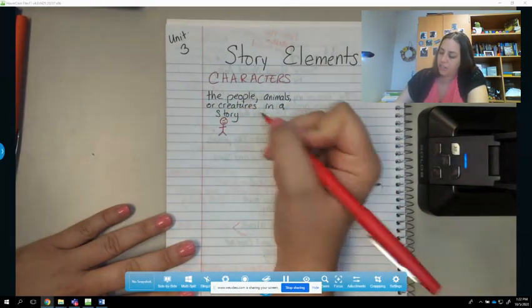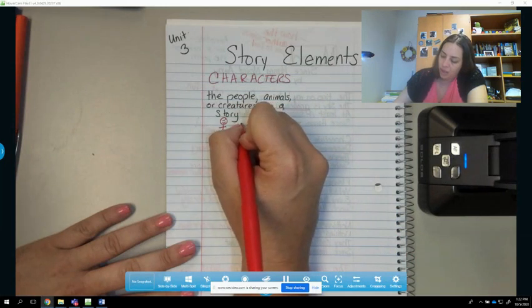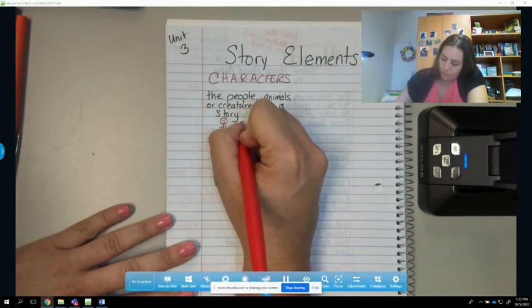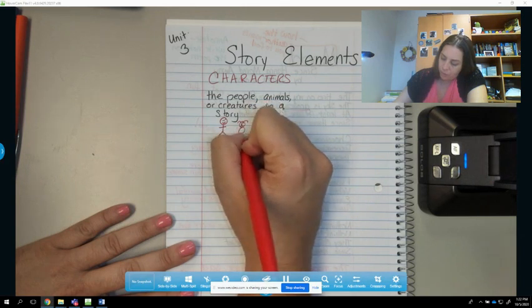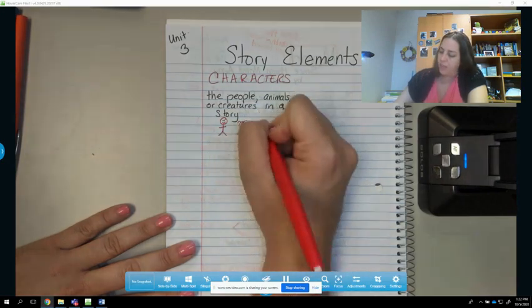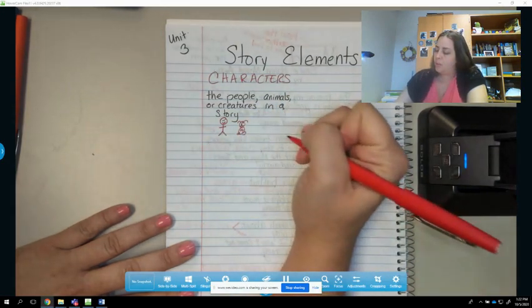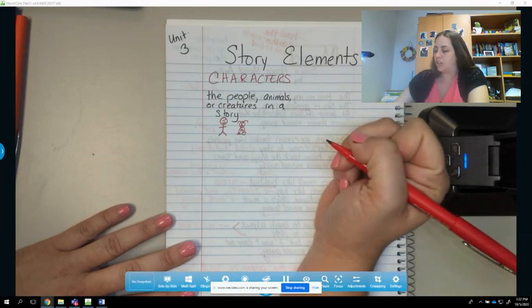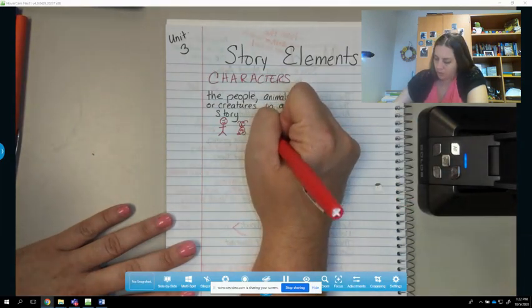So there's my character. I am going to draw a little puppy dog for my animal. And then a creature. I guess I could do a monster.